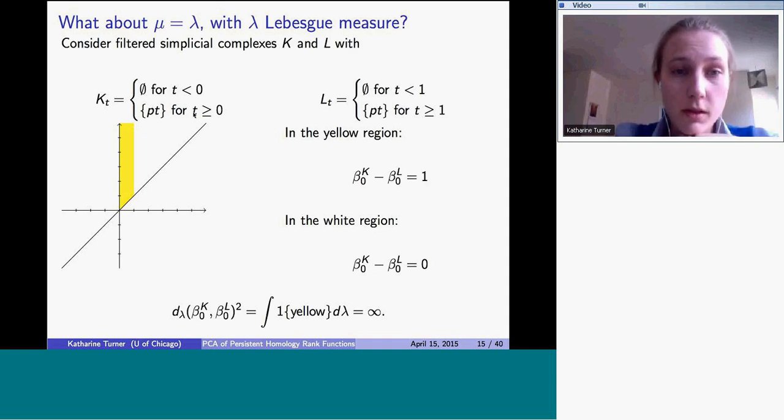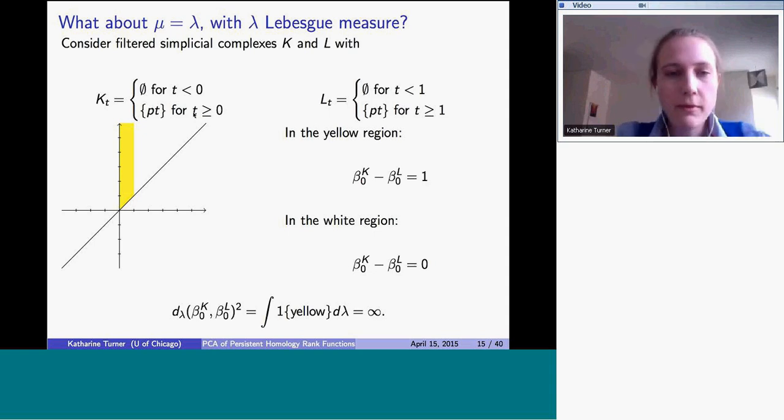With Lebesgue measure we're going to have problems just with this example, because essential classes might appear at different times. So this example that we have here is, let's say we have K and L, and a class will appear at time 0, or it could appear at time 1.